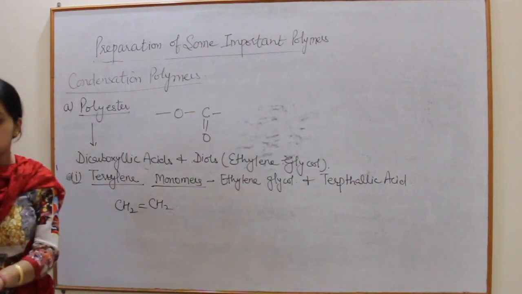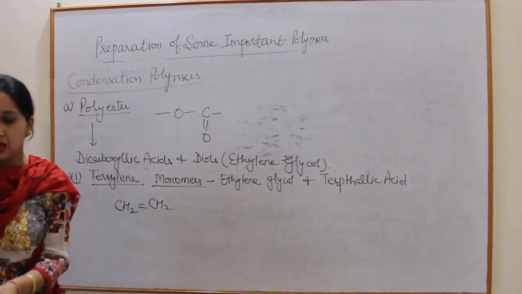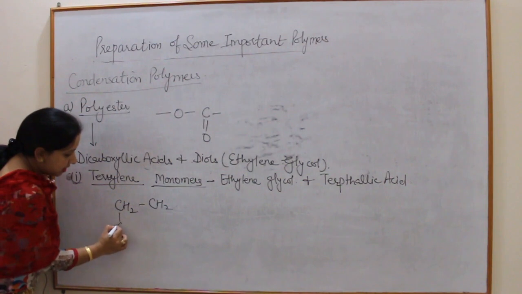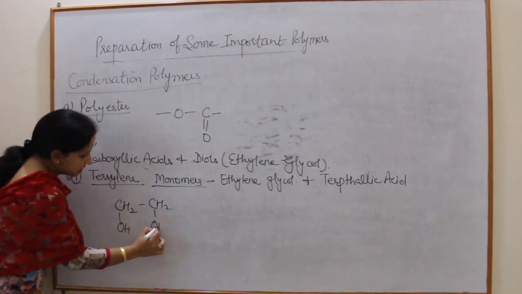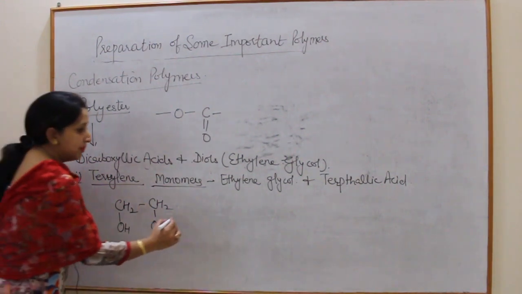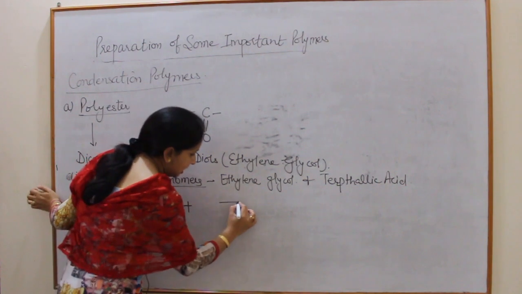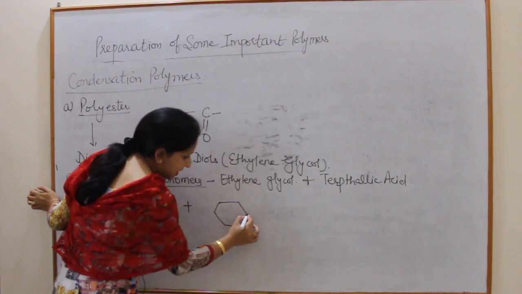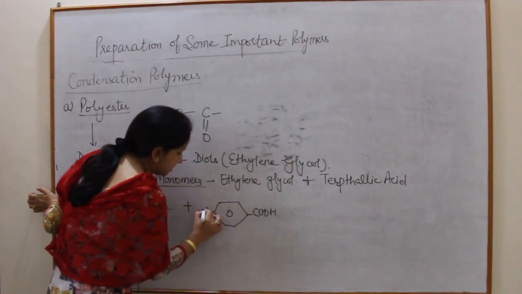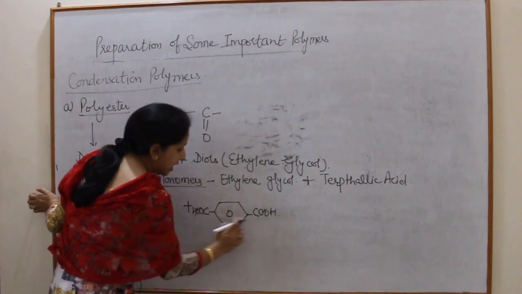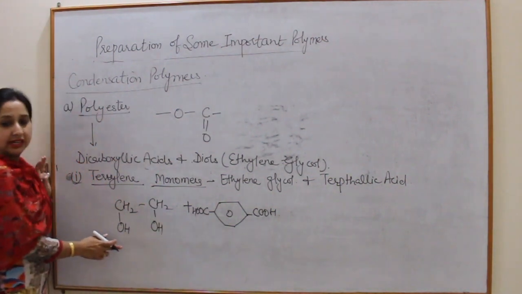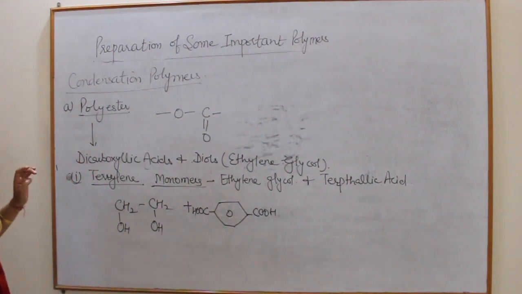If we remove double bond by OH, means if we remove this double bond by two OH groups, then it is known as ethylene glycol plus terephthalic acid. Terephthalic acid means benzene ring containing two carboxylic groups at para positions to each other. This is your terephthalic acid and this is your ethylene glycol.